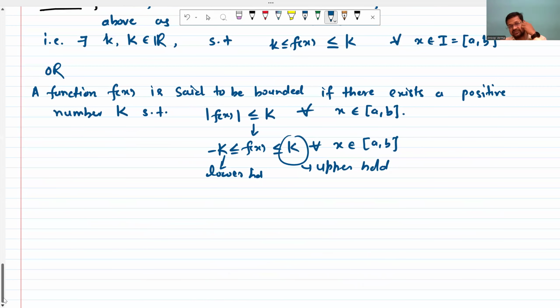So if a function is bounded, okay. Next is supremum and infimum of the function.